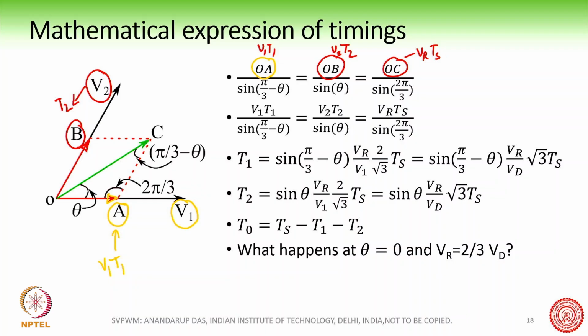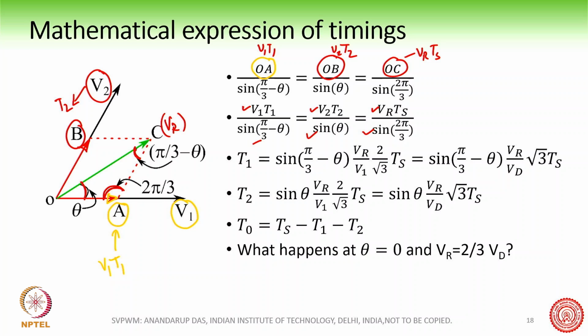So in this triangle, as you can see here, this angle is theta, and this is where the VR is present. Therefore this angle is 120 degrees or 2 pi by 3, and this angle is pi by 3 minus theta. So by the sine rule, A by sine A, B by sine B equal to C by sine C: V1 T1 by sine (pi by 3 minus theta), V2 T2 by sine theta, and VR TS by sine 2 pi by 3.